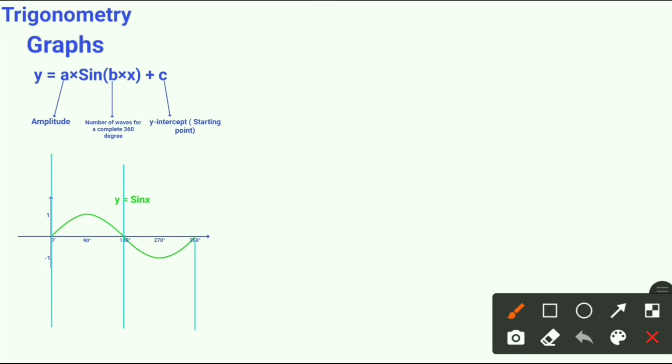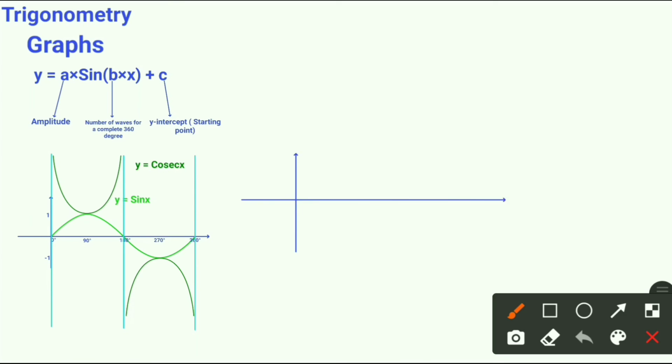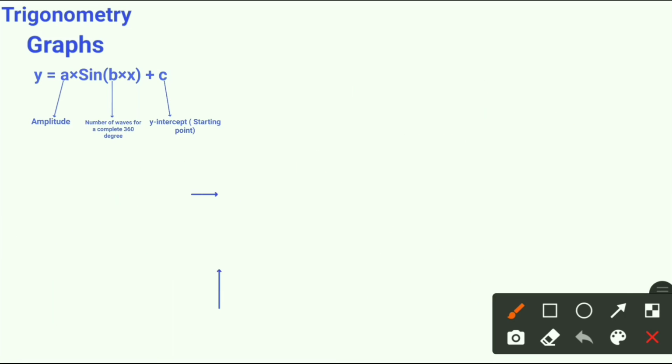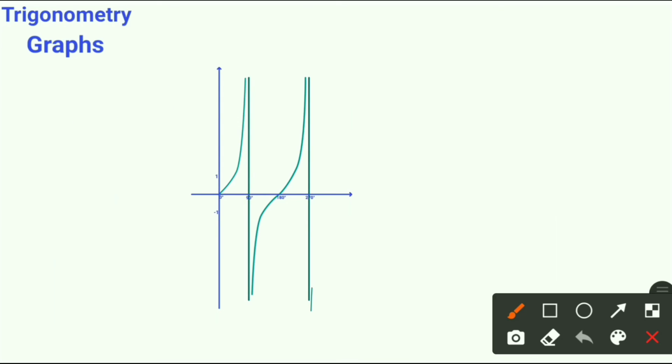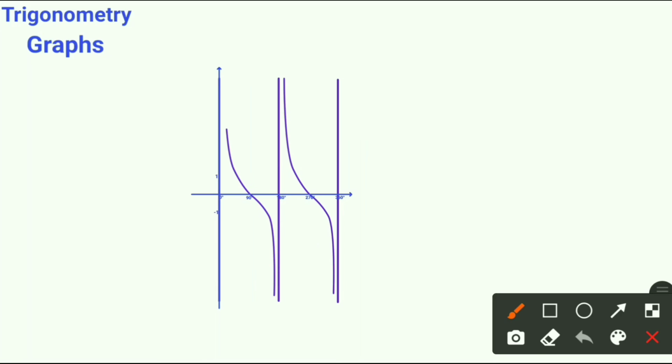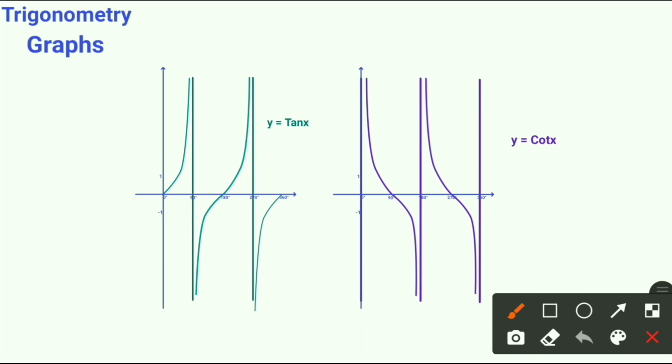You can see this graph. This is sine x, and this is cos x. This is cos, and this is sec. Okay, this is tan, and this is cot. That's the difference.